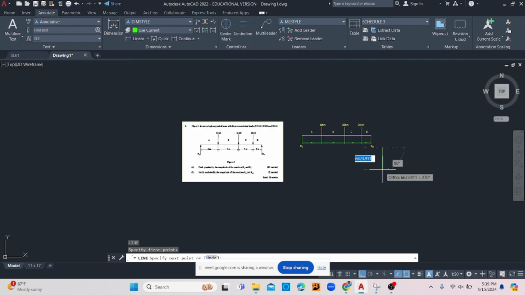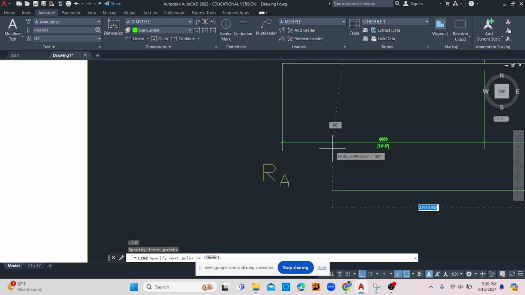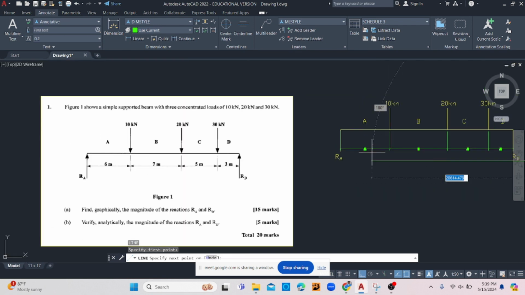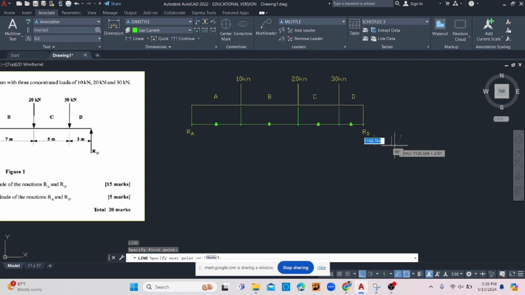You determine what scale you're going to use, but for me, I'm going to say that for every 1,000 kilonewton, I'm going to make my line, I just want this to be appropriate. I'm going to say for every 1,000, I'm going to make my load line 0.5.